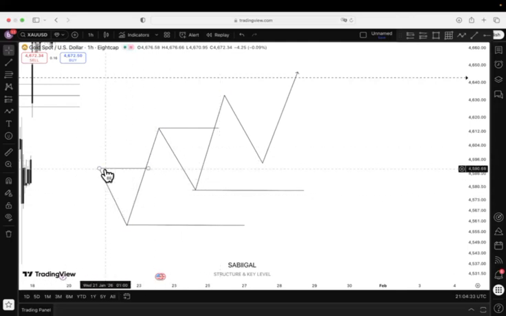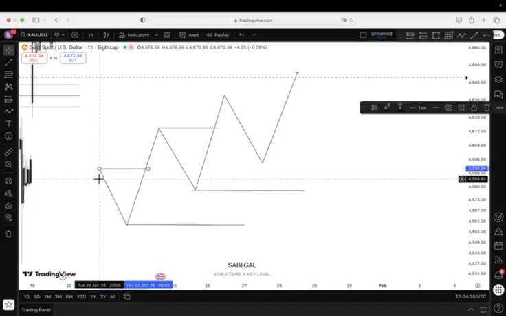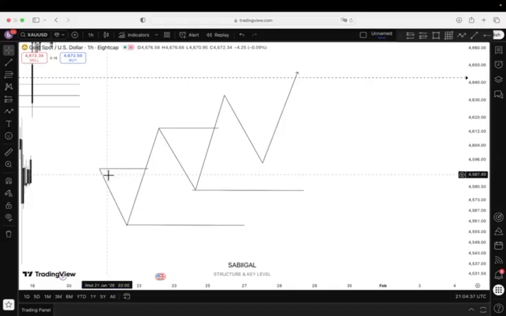Each time price breaks structure like this, that breaks the previous high, it is said that the low that was created before that high was taken out. Now, this is the high and this is the low.